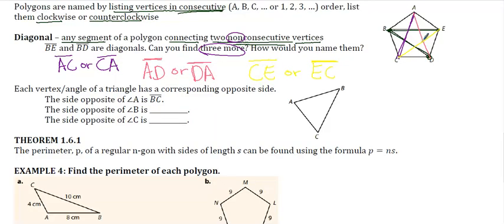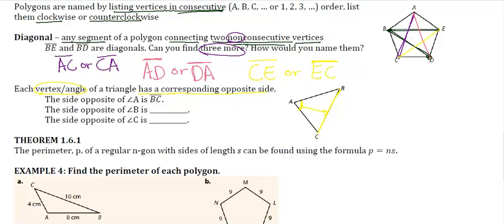All right, so now we want to find the opposite side of a vertex or angle of a triangle. Each vertex or angle of a triangle has a corresponding opposite side. That's pretty cool. So the side opposite of this angle A is segment BC, because it's right across from it.